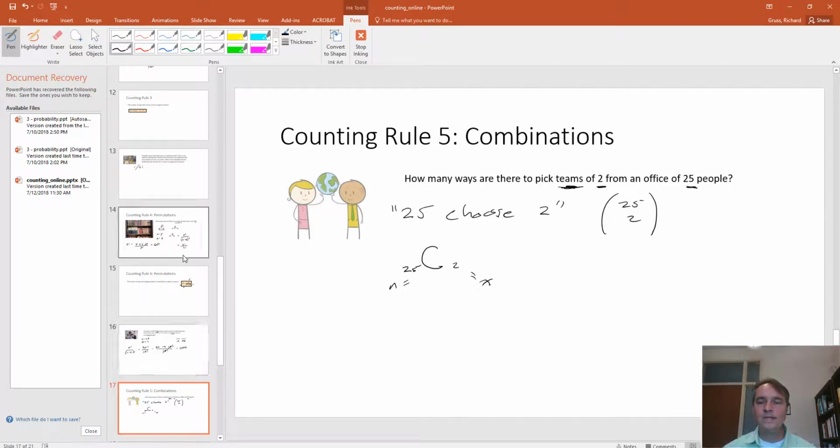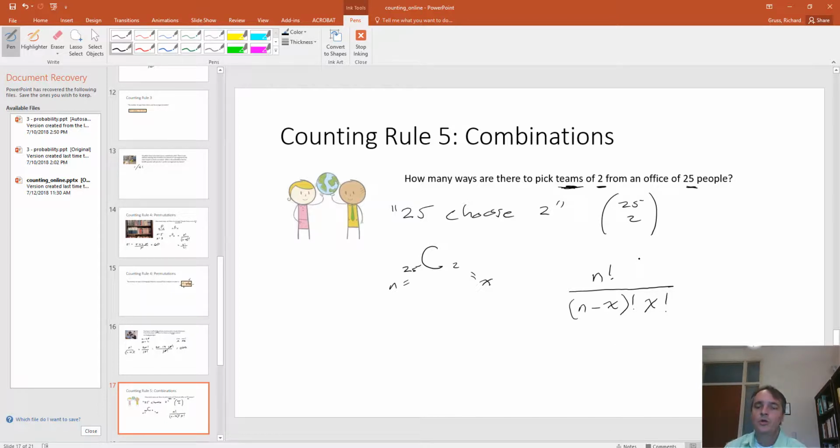We can expect this problem bears a lot of similarities to the permutation problem, so we would expect the formula to look really similar, and it does. We start off with the n factorial in the numerator, and once again have the n minus x factorial in the denominator. But then we also have something else in the denominator here, which is another x factorial.